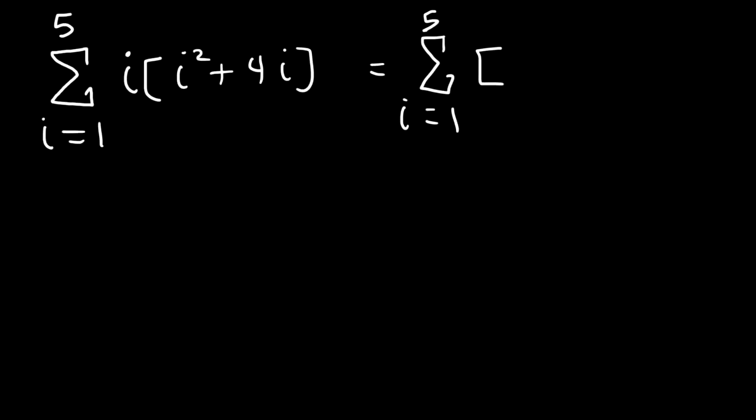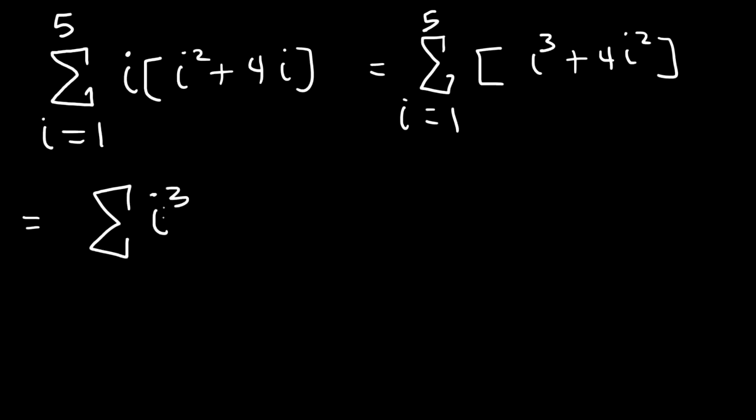So this is going to be i to the third power, and then i times 4i, that's 4i squared. And then we could separate it into two separate sums. So the first one is just i to the third power. And for the second one, it's going to be plus 4 times i squared.